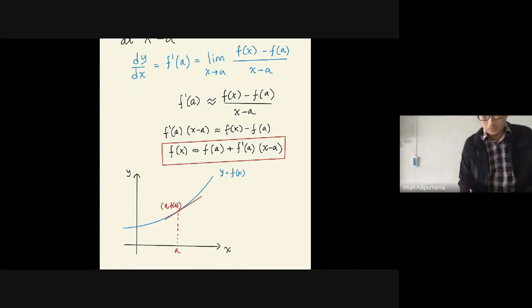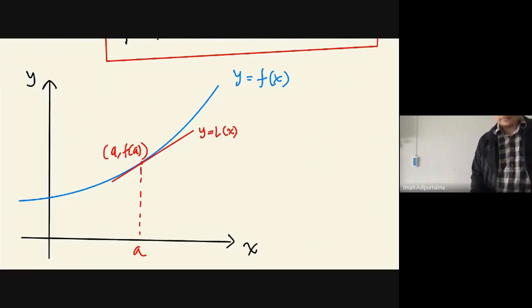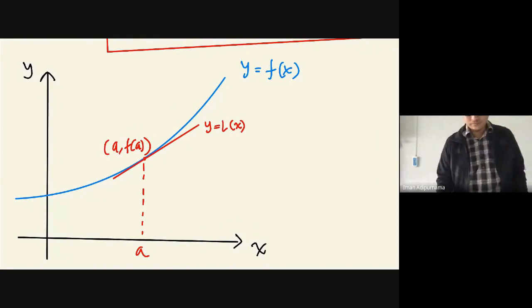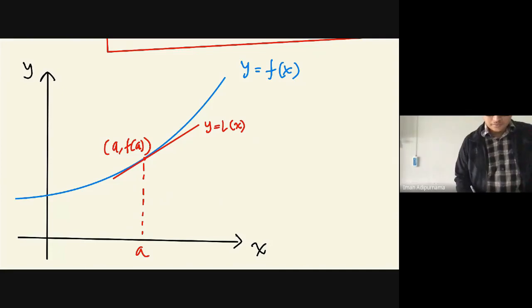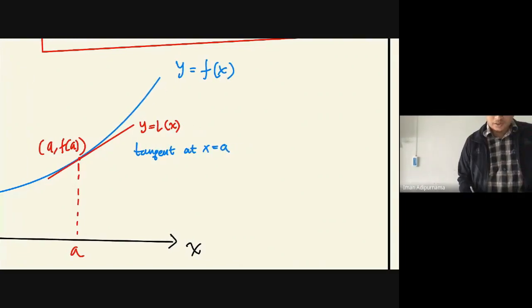So what this linear expression means is actually our tangent line. So the tangent at x equal a is actually our f prime of a.